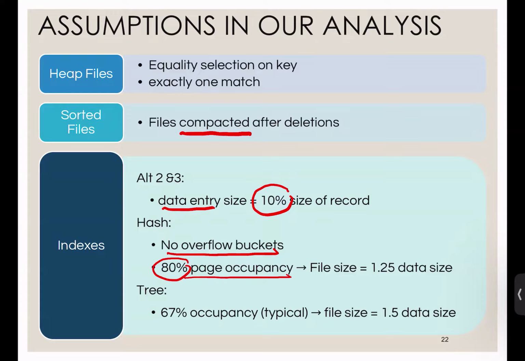For each page, I allow 10 items. So I have 10 pages, and I can put everything there. But now, if I only allow 80%, each page I can only put 8 items in there. So 10 pages would not be enough, right? If I have 10 pages, I can only accommodate 80 data records. So how many pages do I need?